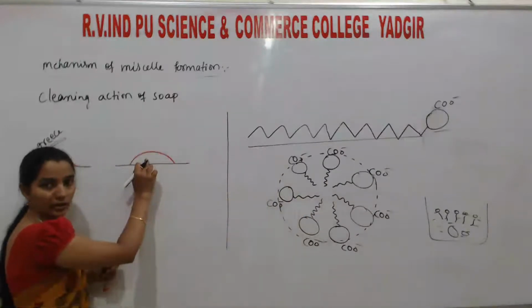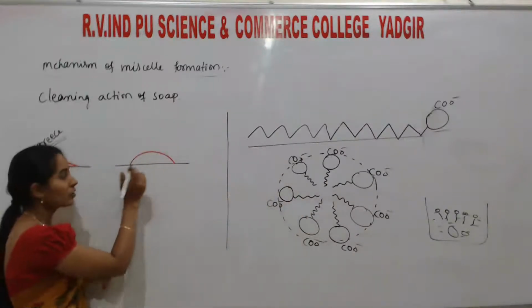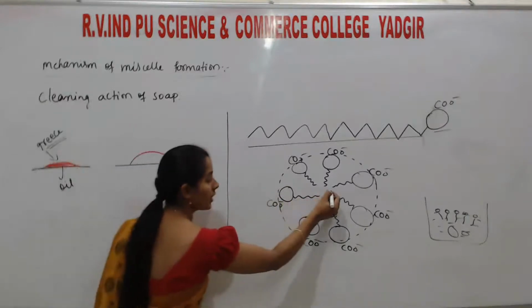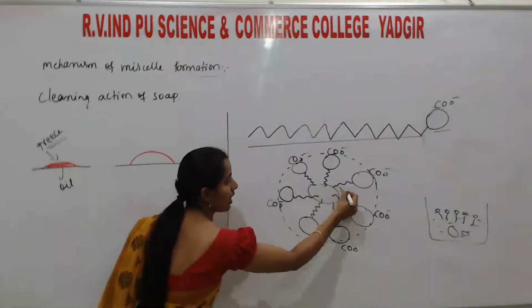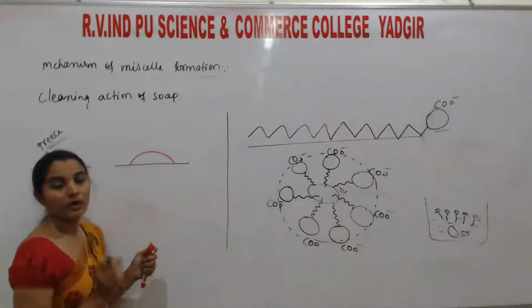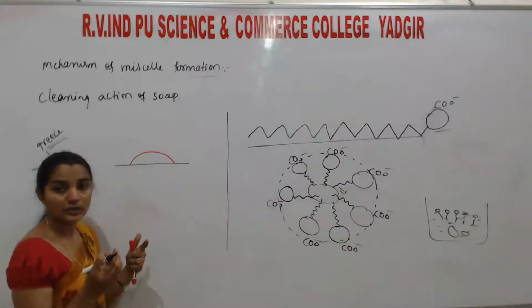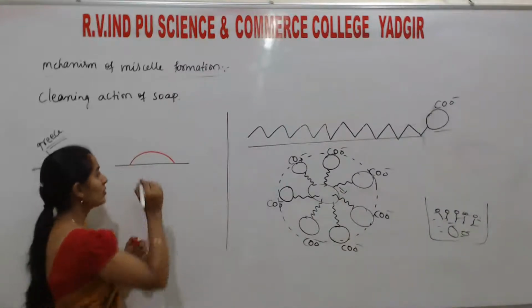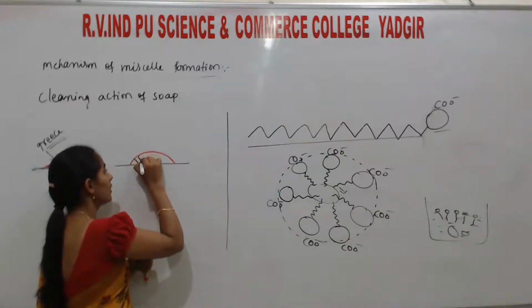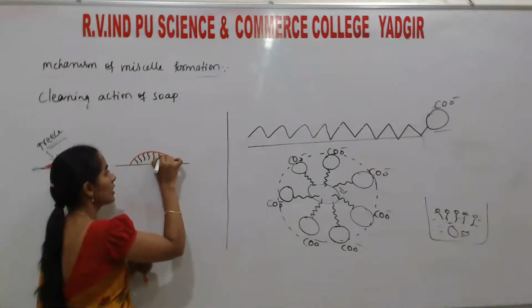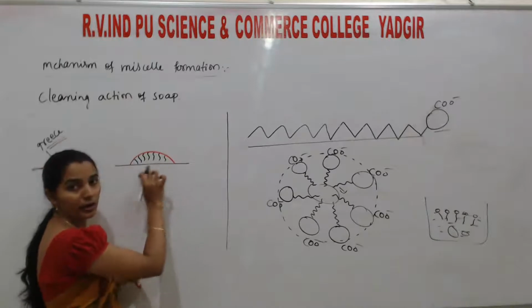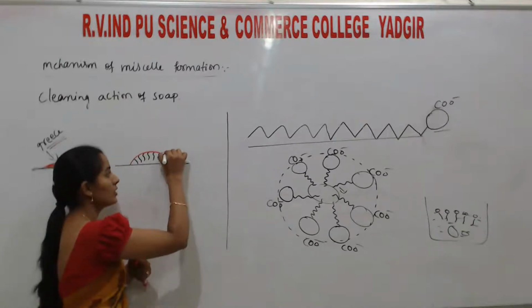This is oil. This is fabric. So oil means here, these are groups which are hydrophilic in nature. These are groups which are hydrophobic in nature, which are avoiding water. So they are stuck, attached, associated with this oil. Understand? So these are what?